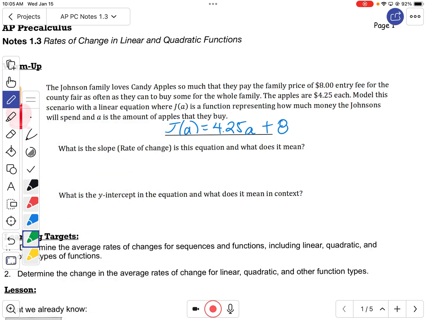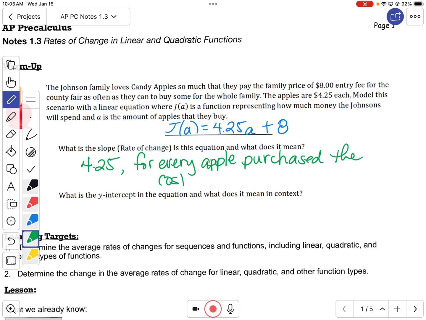What was the slope or the rate of change in this equation? Yeah, 4.25, which just meant for every apple purchased, the cost increased $4.25.